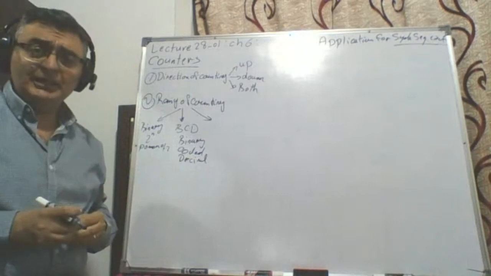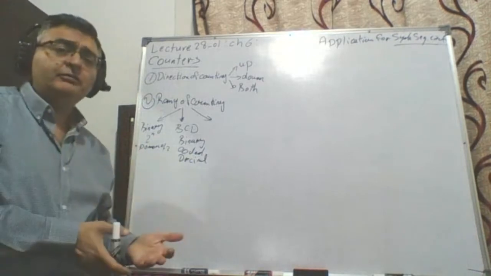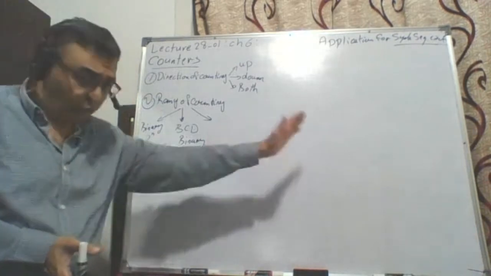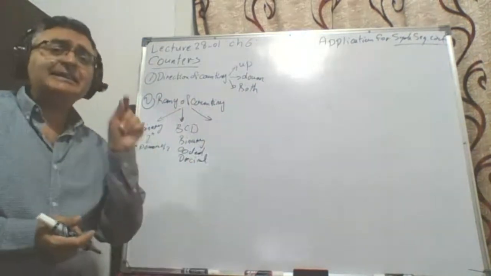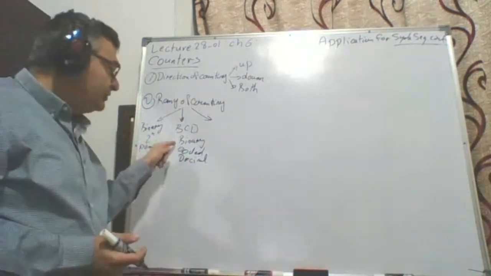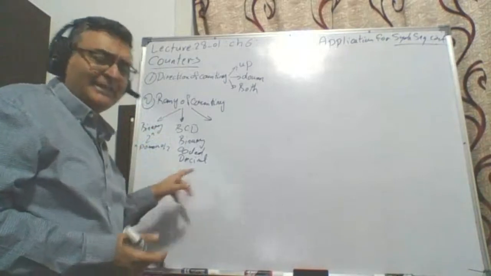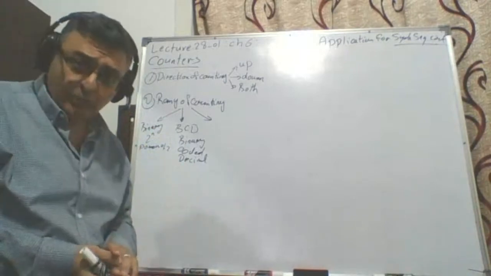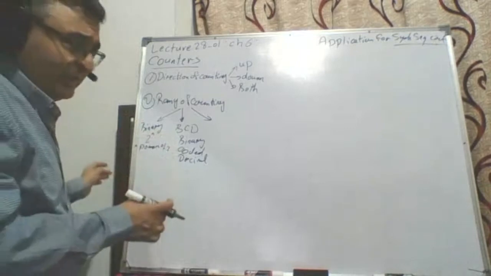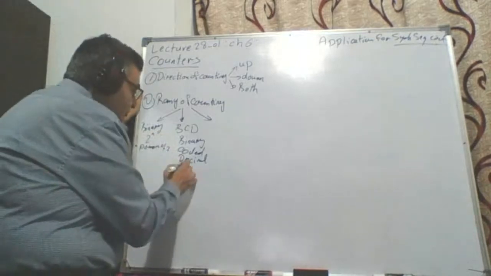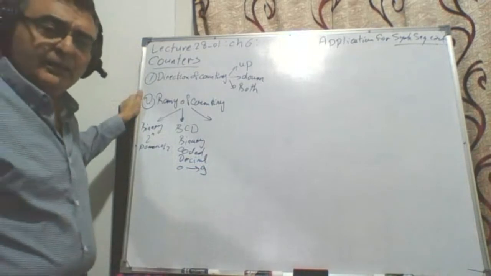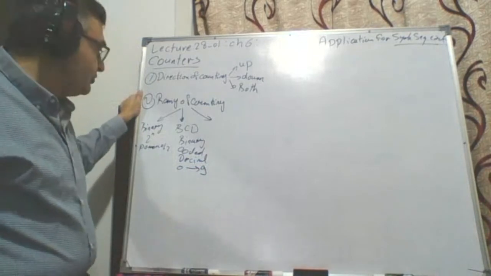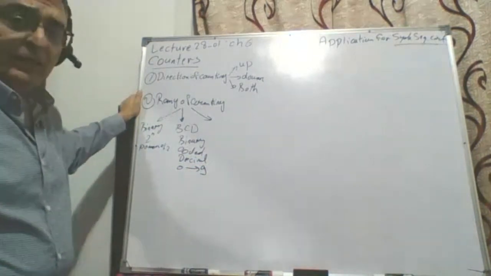Binary coded decimal means that the counter itself is a binary counter. We are only developing a binary circuit, but it is designed to count in the range of decimal. What's the range of decimal? The range of decimal is the values from 0 till 9. This is called the BCD counter.